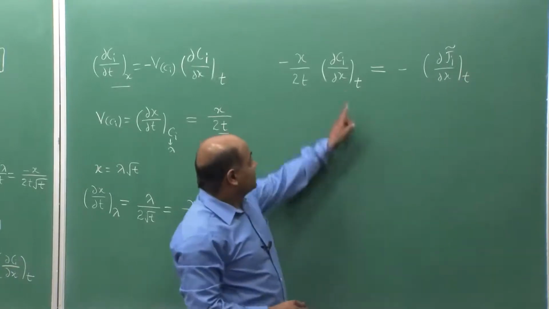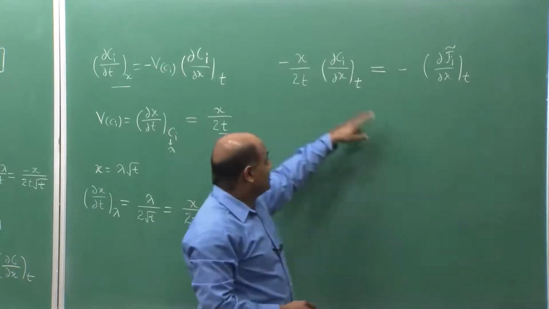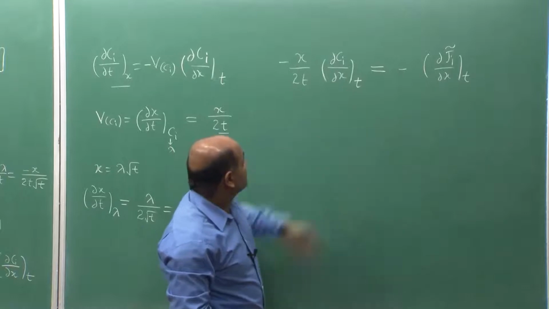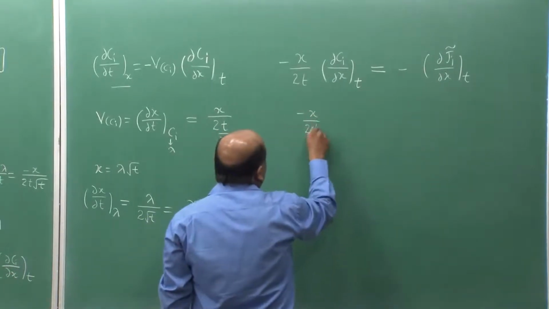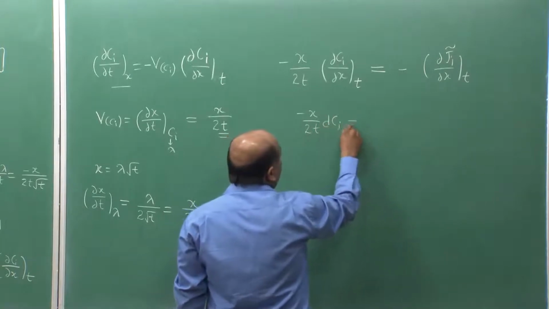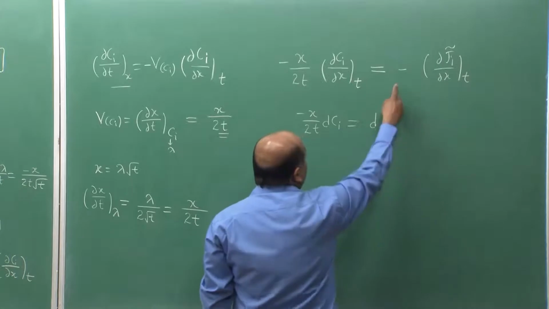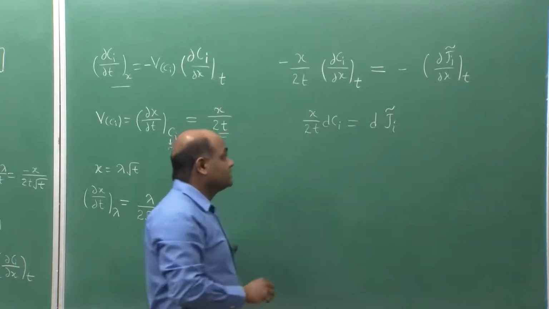Since the partial derivatives on both sides are at constant t, we can take those out, and if we multiply by dx on both sides, we get minus x over 2t dCi equal to dJ̃i. There is a minus sign on both sides, so it will get cancelled.